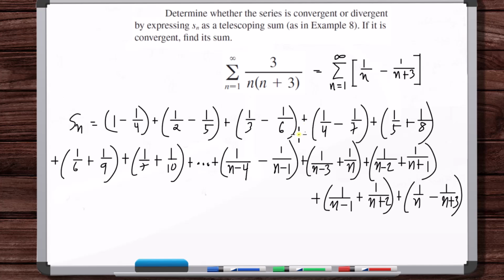So, all right. The 1/4 go away. The 1/5 cancel. The 1/6 cancel. The 1/7 cancel. This is confusing here, so let's actually do this.